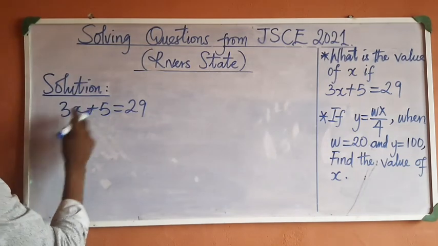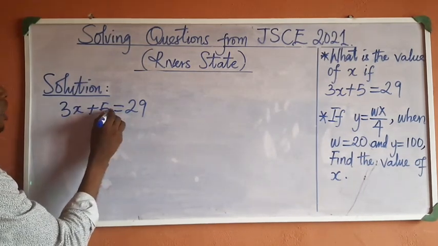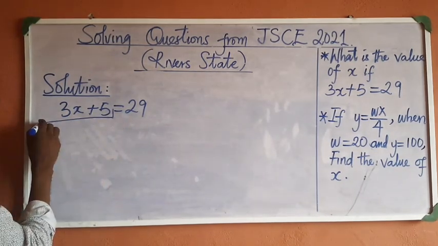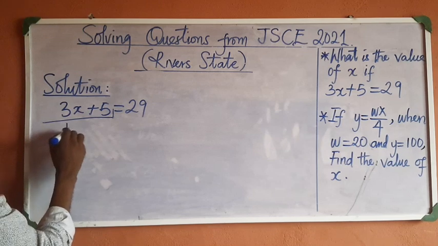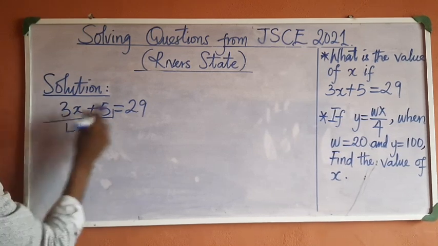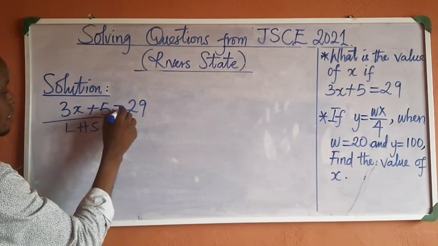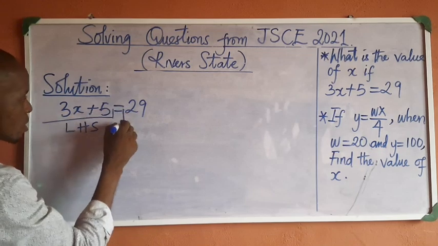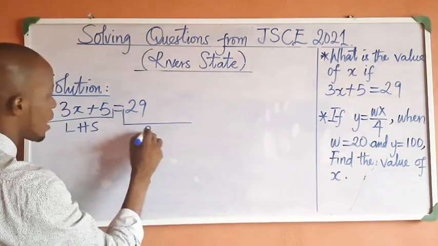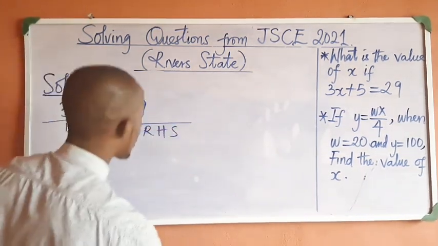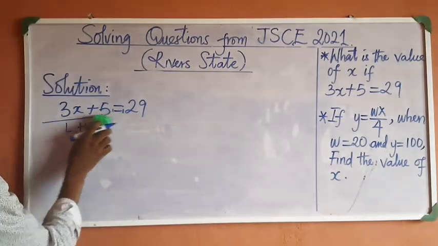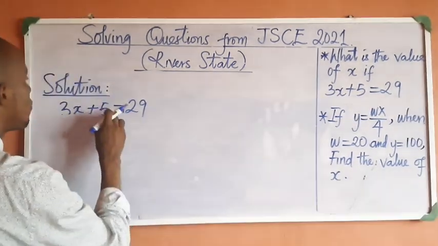The left-hand side of any equation starts from the equal sign to the left side. This is what we call the left-hand side of the equation, and then the right-hand side starts from the equal sign to the right. This is the right-hand side. Thank you very much. Let's proceed in our solving.